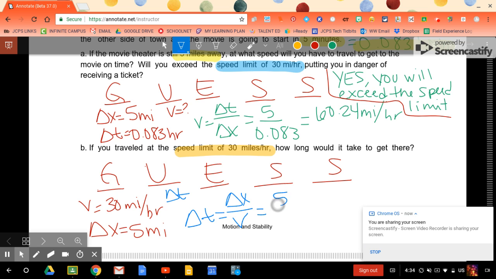Change in x is 5 miles. Our velocity is 30 miles an hour. So we get a time of 0.17 hours. So that is how you answer that one.